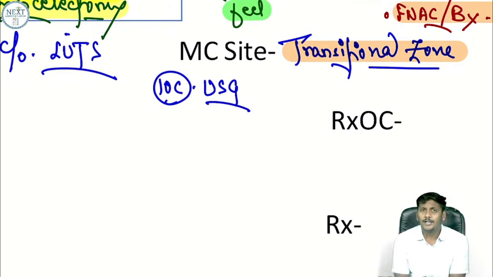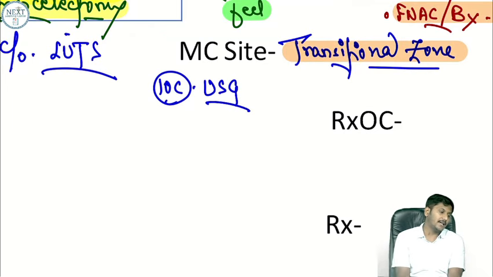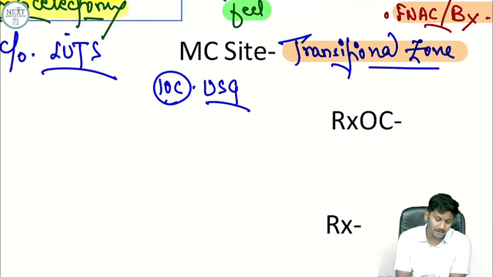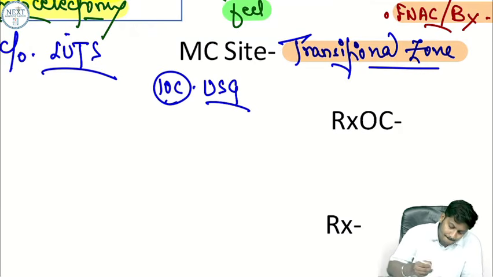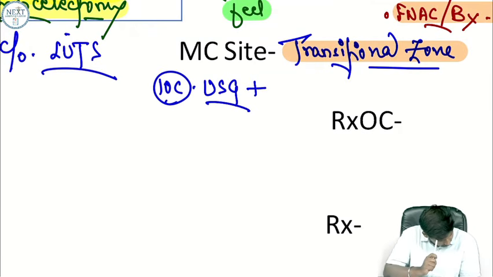Because in both conditions, the prostate gland will be enlarged, and in both conditions, the patient will have a significant post void residue. So how to differentiate whether it is a case of BPH or prostate cancer, apart from ultrasound? Ultrasound cannot give me a proper difference. Anybody?